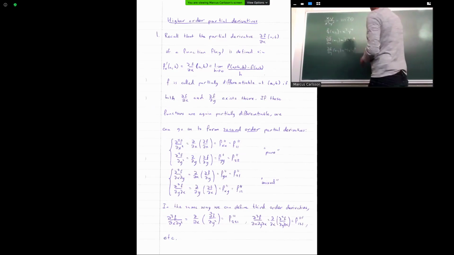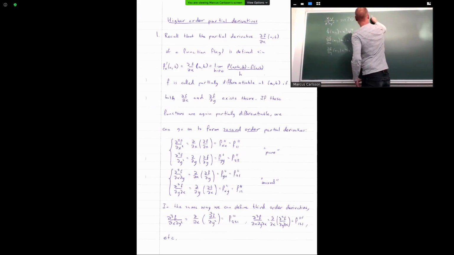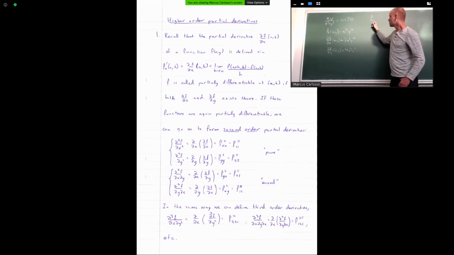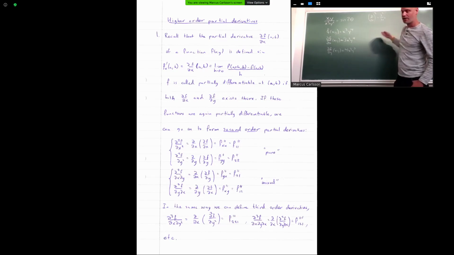You should think of it like this: this is the operation you're doing, delta x. This is the symbol for a derivative. And if you want to make that into a square, you can either write this, but that's a bit cumbersome. So another more natural notation maybe is this.